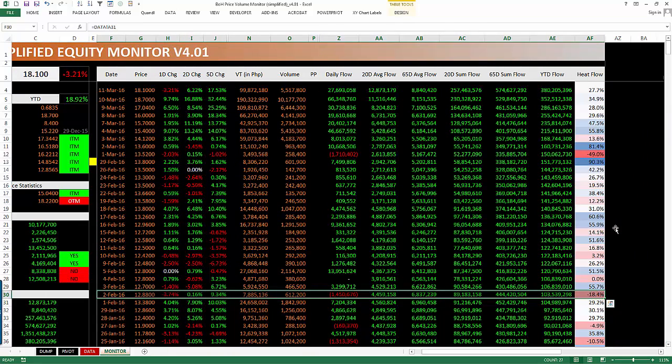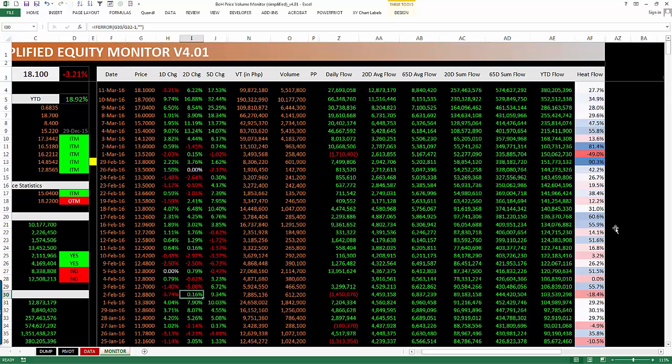They were long 103 million already. Pero ang kinaganda nito, not only are you looking at year-to-date inflow dun sa name na yon, nakikita nyo rin kung over the past 65 days, gaano kalaki na ba yung na-accumulate nila. Mas malaki. Over the past 65 days, it's telling you 444 million shares na yung nabili nila.